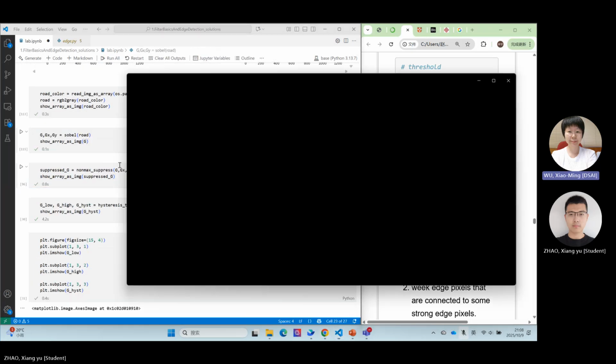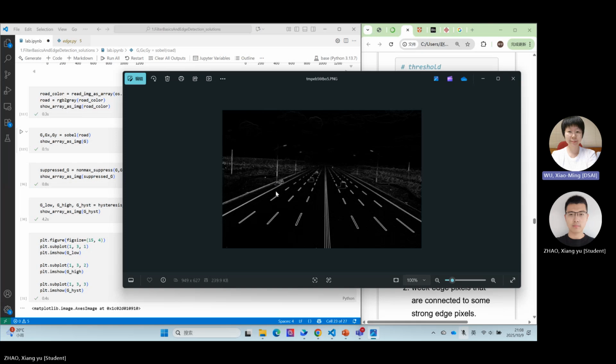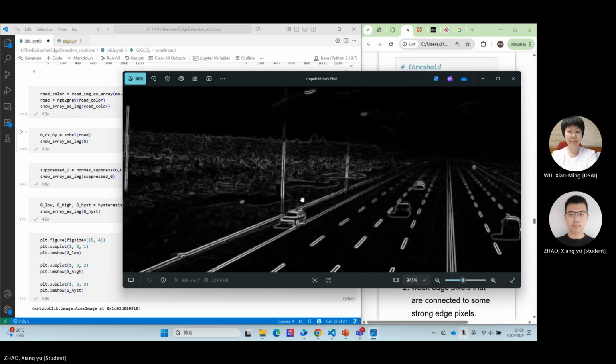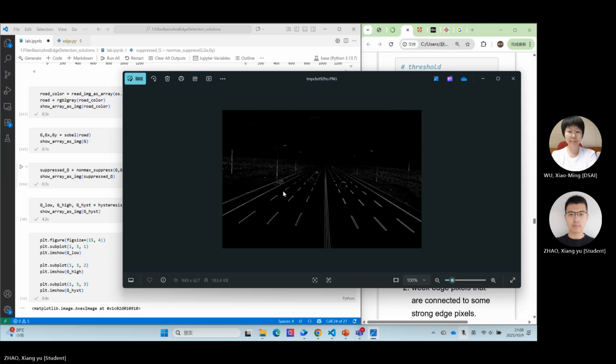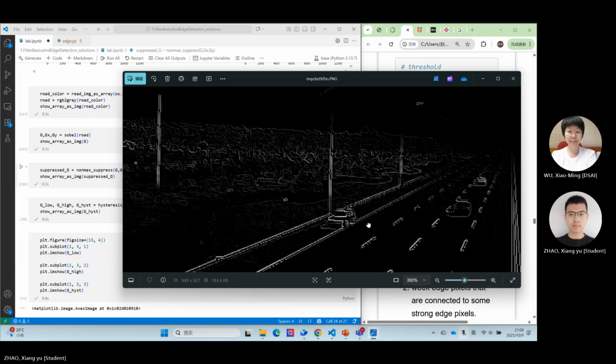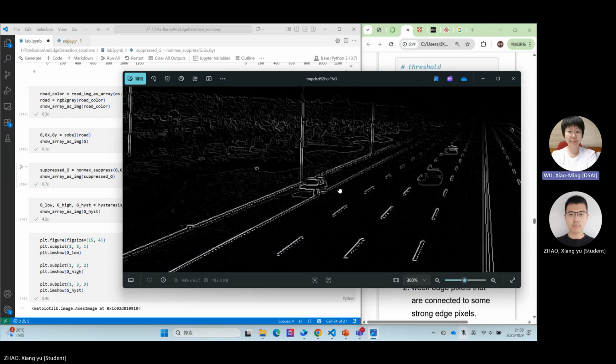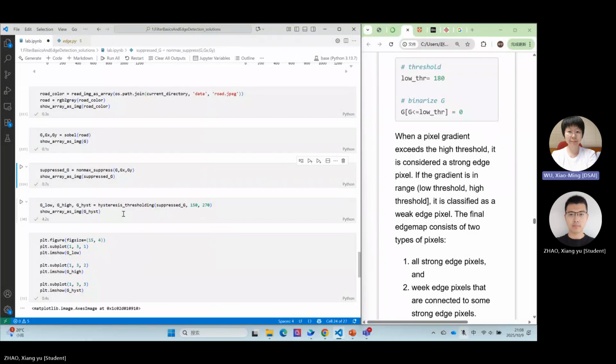Yes, these are the images we have. We have processed them with the Sobel operator. We can see that there are some noises, but after we use the non-maximum suppression, we can see that the noises are less. And then we need to use the thresholding method to get the final results.